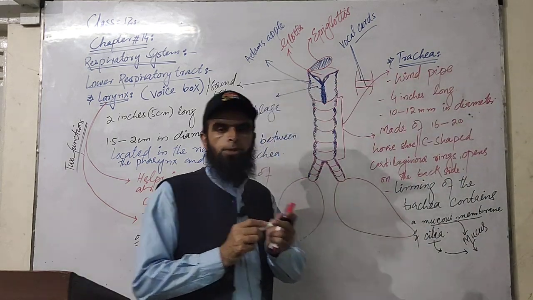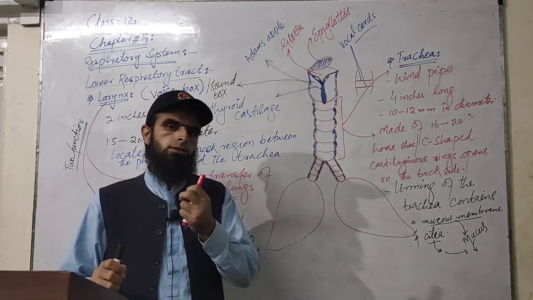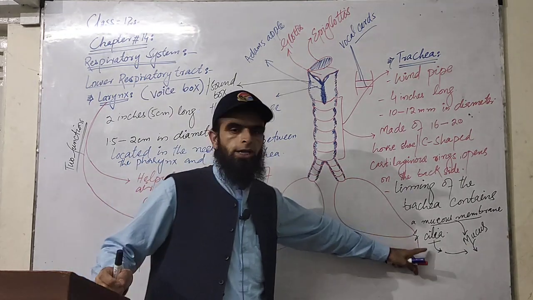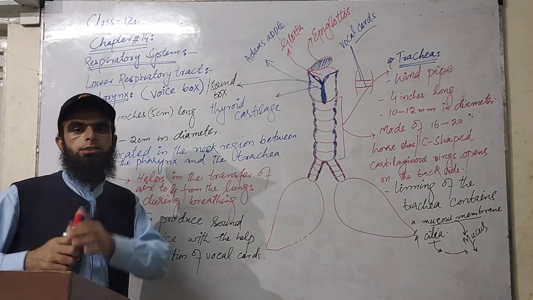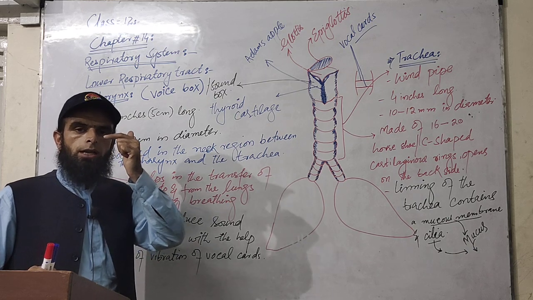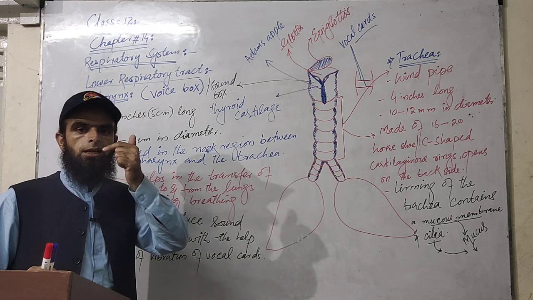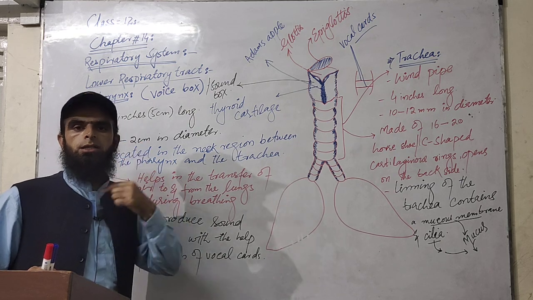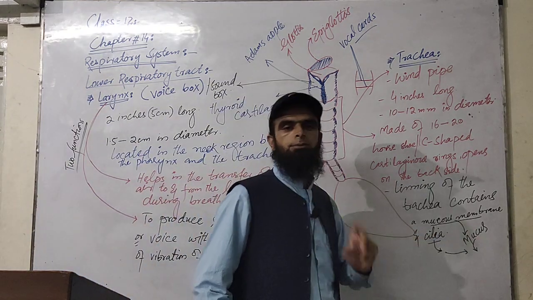Both of them help in the trapping of the dust particles and the germs or pathogens over here again. So if during inhalation some of the pathogens or dust particles escape the mucous membrane, the mucus and the cilia present in the nasal cavity, then in the trachea they are trapped by the cilia and the mucous membrane.